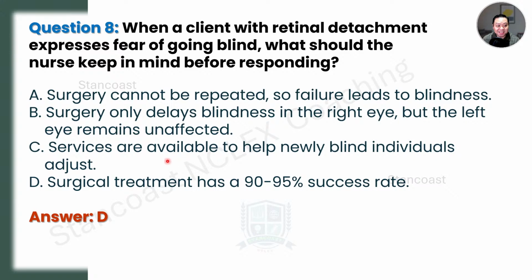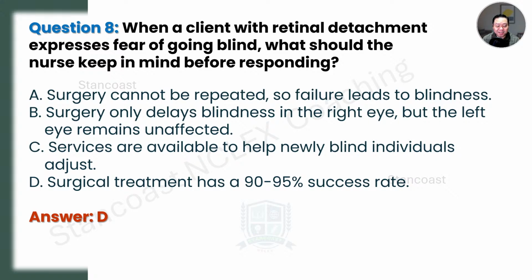Now, if you selected letter C, services are available to help newly blind individuals adjust. We know that the services are available, but this option is not going to provide reassurance about their current situation. Our focus around this time is to maintain that likelihood of a positive surgical outcome rather than discussing their resources for coping.